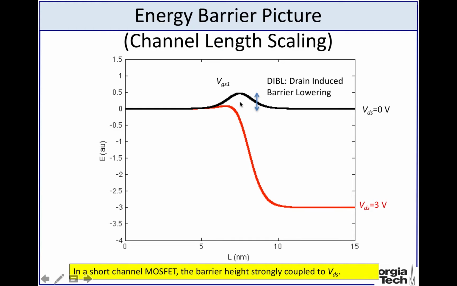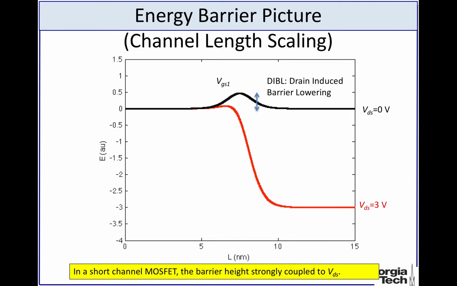Compared with what we have seen earlier for long channel transistors, where the barrier was not decreasing as you increased the drain voltage, for a short channel transistor the barrier actually decreases. This effect is called drain induced barrier lowering. In other words, in a short channel transistor, the barrier height is strongly coupled with the drain voltage.